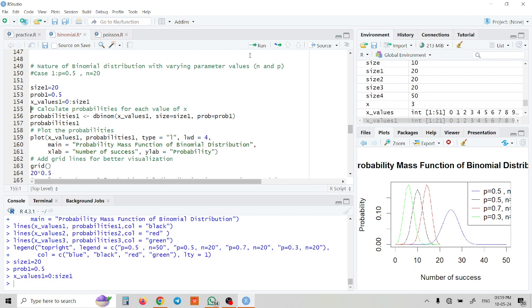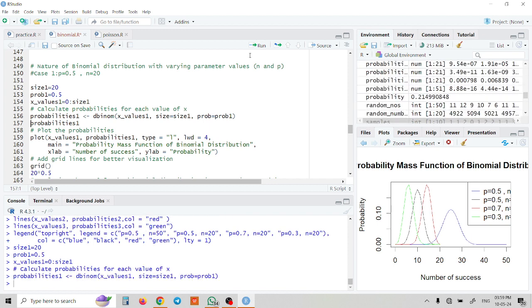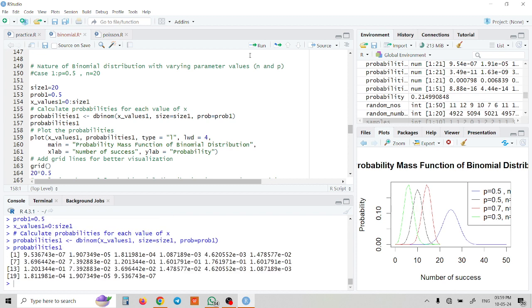So x can take values from 0 to the size, that is 20, so 0 to 20. Then we will find out the probabilities using the dbinom function. We'll calculate the probabilities and then we will plot the x values on the x-axis and the corresponding probabilities on the y-axis. These are the arguments needed for the plot function.